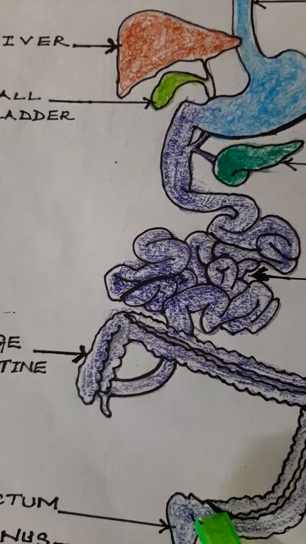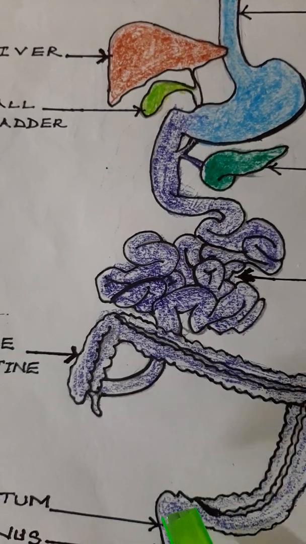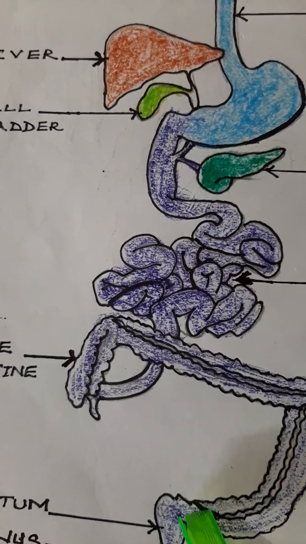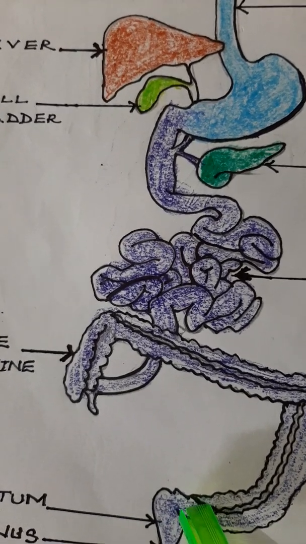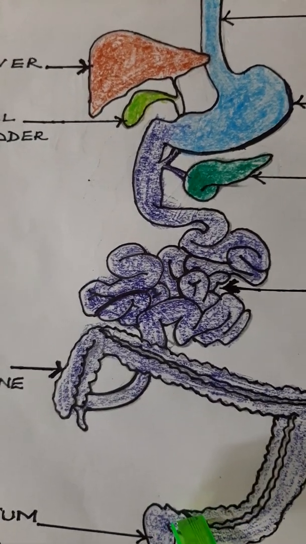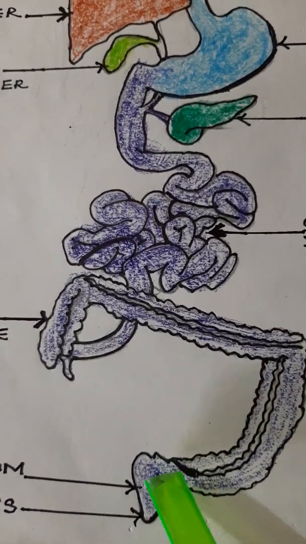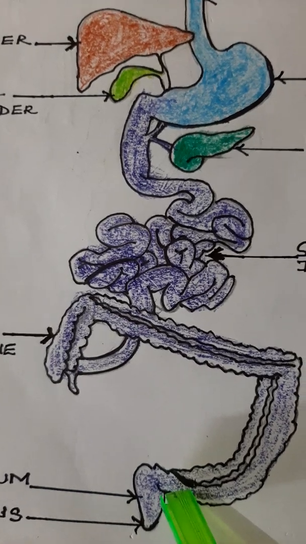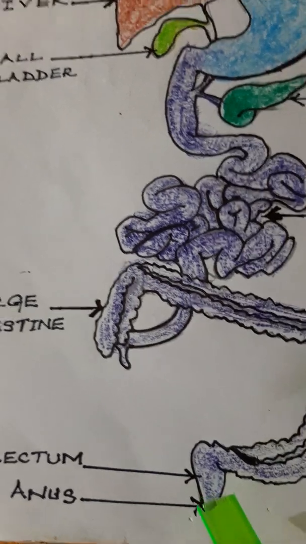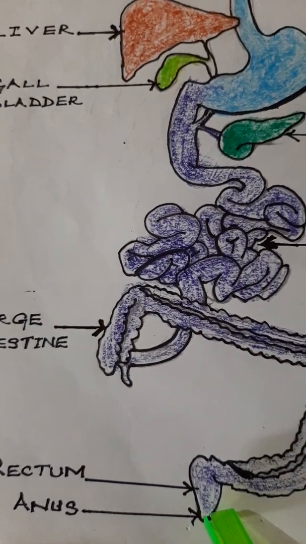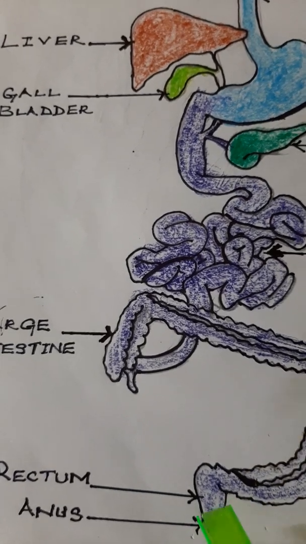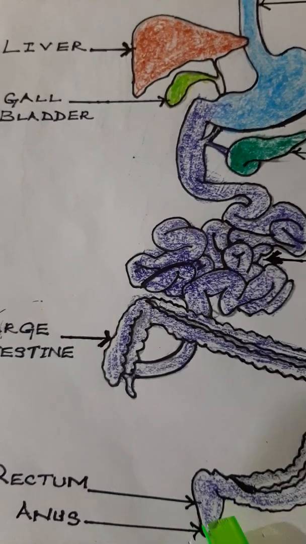Now, this rectum is the last part of the large intestine. It is only 15 centimeters long. It stores the undigested matter, which is called feces, for some time. And the rectum then opens on the outside by the anus.